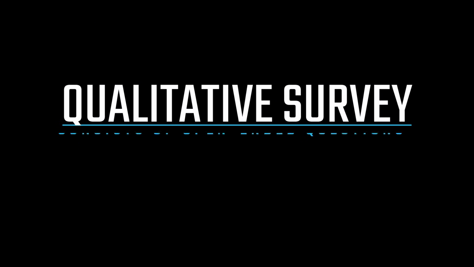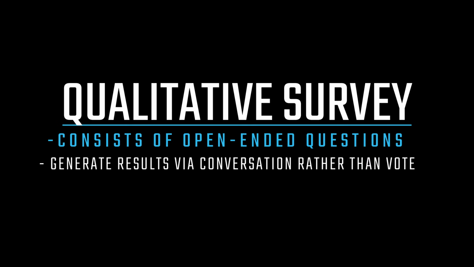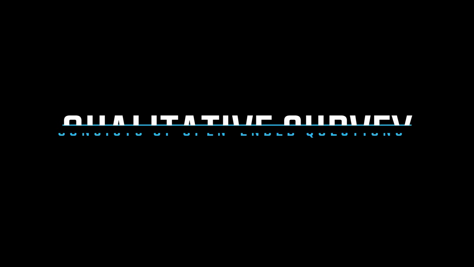Next we have the qualitative research survey questionnaire. A qualitative research survey asks open-ended questions. We use them to generate useful information via a conversation rather than a vote, such as when you're not sure what the right set of answers might include.